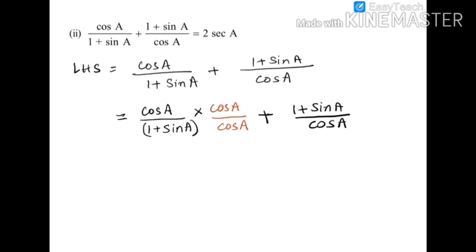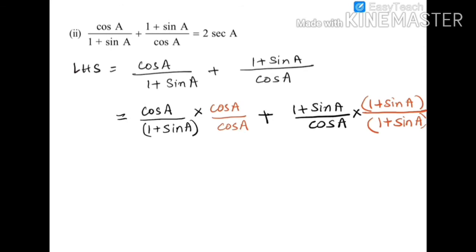Now we need to multiply this expression with something so that the denominators will be same. So we are going to multiply the second expression with 1 plus sin A divided by 1 plus sin A. Again, I have to multiply the same quantity to the numerator and denominator so that the expression does not change.